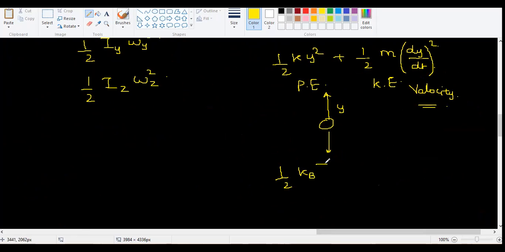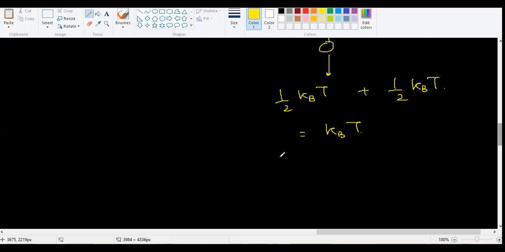So for this mode, I will be getting half kT. For this mode, I will be getting half kT. So for one vibration mode, half plus half is 1, so it will be getting kT. That is the energy for one vibration mode.